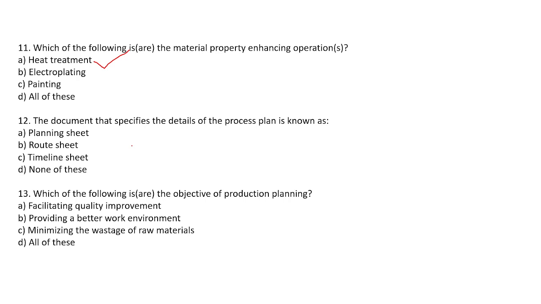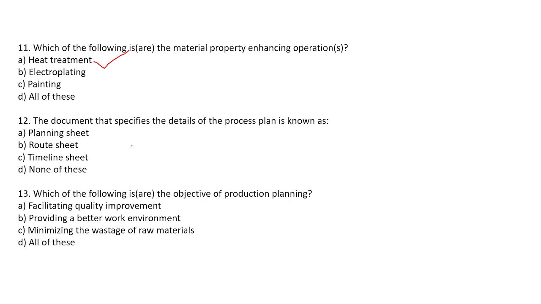Another one is the planning sheet. A planning sheet is a document that outlines the overall plan for a project, including objectives, tasks, timelines, and resources needed. Another one is the timeline sheet, which shows the chronological order of events or tasks in a project or process.